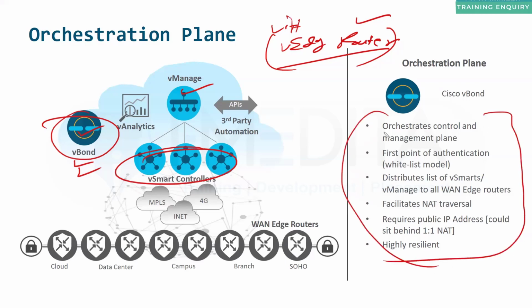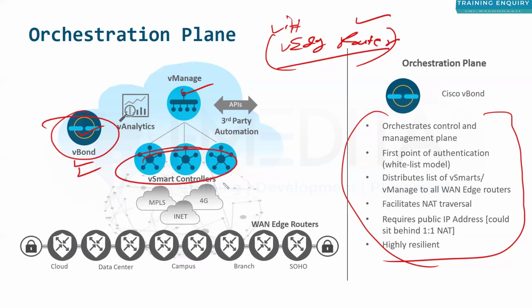So these are the roles and responsibilities performed by any component whenever you power them on, whether it is vSmart, vManage, or a WAN edge router. All these components are going to talk with vBond. That's the first point of authentication. So it is the first point of authentication for all of the components, not just for a single component. And one more thing, in a few cases there is one exception.